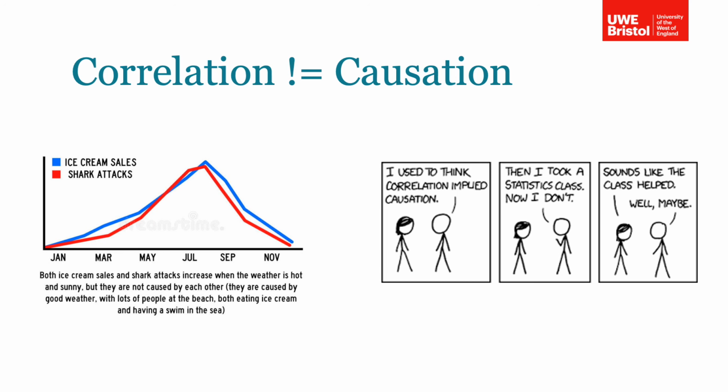However, shark attacks are not caused by ice cream sales, nor are ice cream sales caused by shark attacks. In this example, the hidden variable that both attributes rely on is sunny weather, although there are actually many other factors and neither case is caused by a single variable.